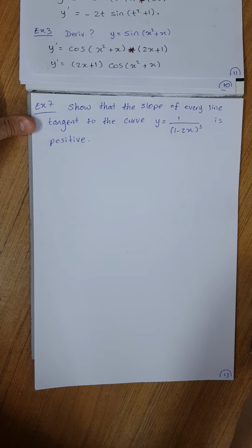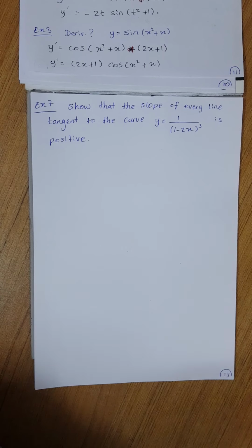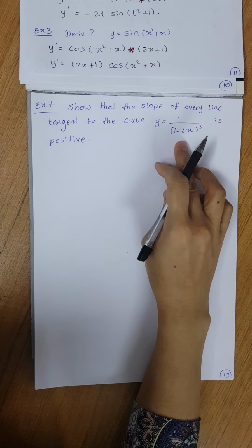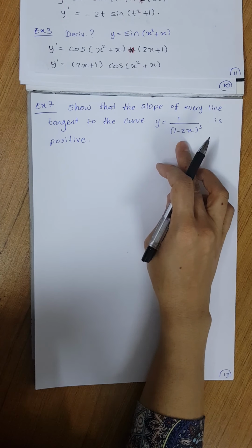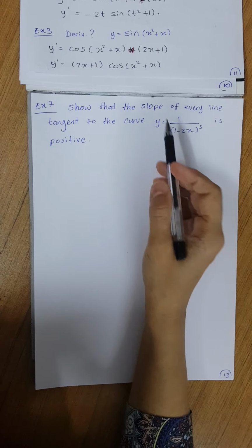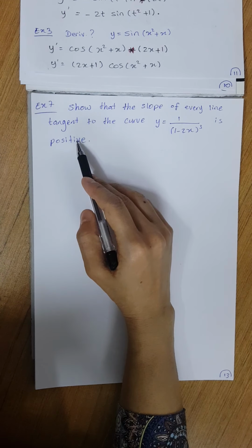So what do we have and what is required from us? We are given a function y that's equal to 1 over 1 minus 2x all to the power of 3. It's required from you to show that the slope of every tangent line to that curve is positive.